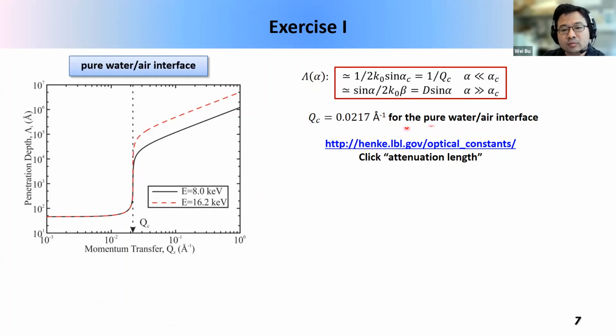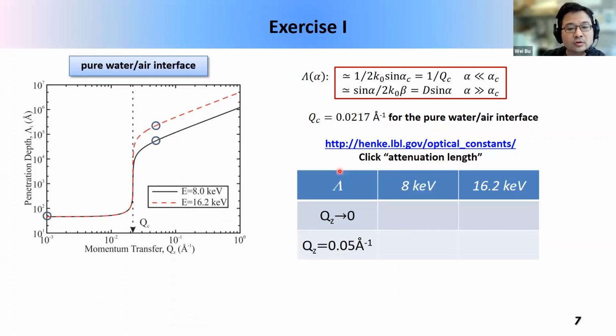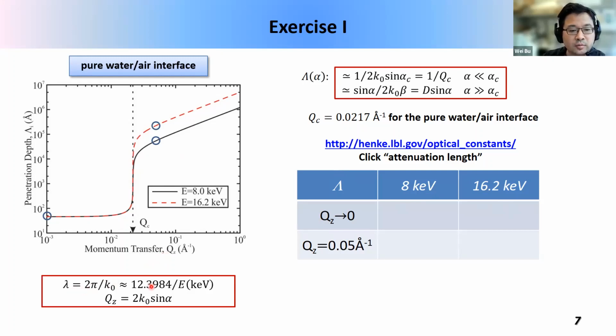And we can go to this website to calculate attenuation length for different angles and different energies. For attenuation, we can calculate for different materials and different energies. So here, I want you to calculate the penetration depths for these two different energies and these two different Q. And I'll give you a couple of equations to help you convert Q to the incident angle alpha.